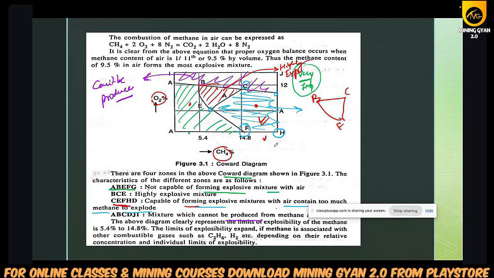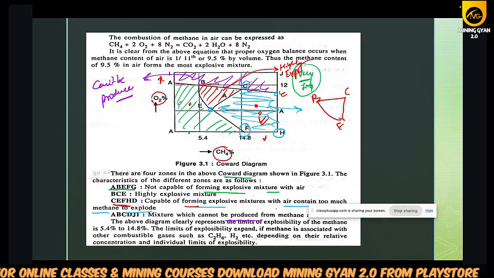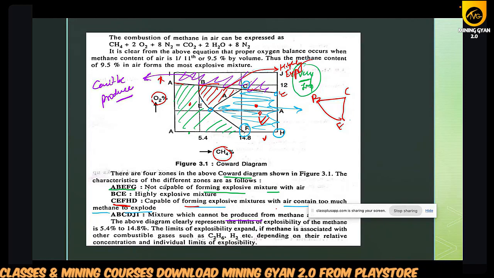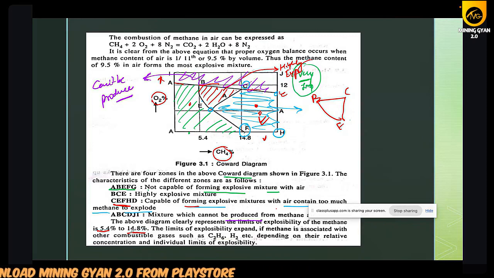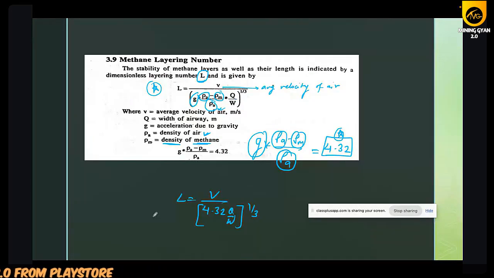That means in this area it is capable of exploding, but you need more air. And above the line A, B, C and D, a mixture cannot be produced from the methane. Okay, so I told you that 5.4% to 14.8% is very important. Please remember this fact. And then we have seen the methane layer number.